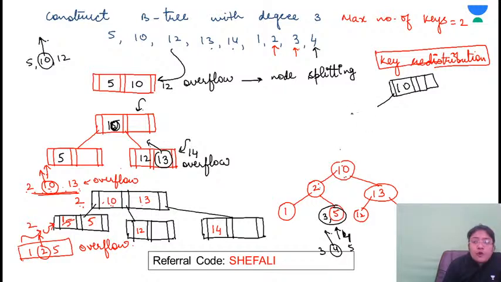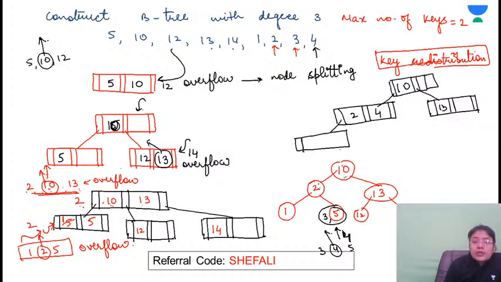And on the left of 10, we have one node in which only one key is present. And on the right hand side of 10, now 4 is coming up. And node is 13 here. This is pointing to a node which is having one child.